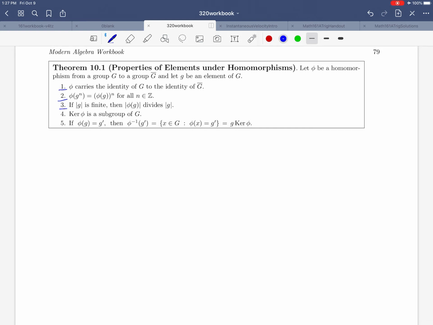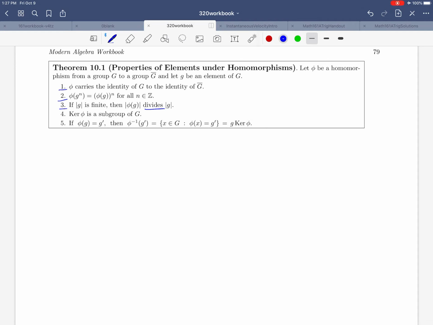Now number 3 is a little bit different. For isomorphisms, we had that the order of g and the order of phi of g had to be exactly the same. That doesn't have to be the case anymore. Now we only know that if the order of g is finite, then the order of phi of g is going to divide the order of g.